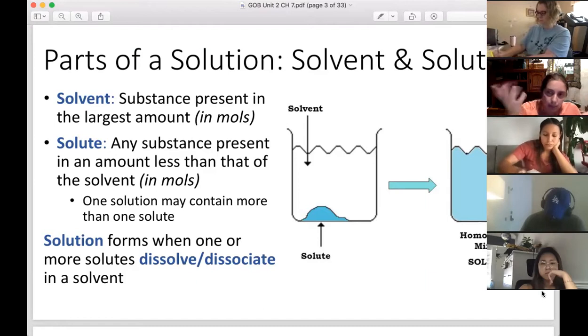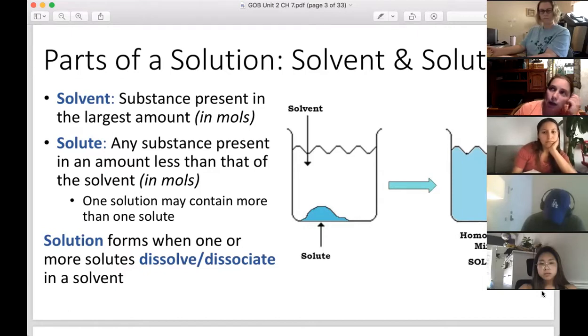Oftentimes, what you may be most comfortable with in terms of solvent and solute would be a solid being dissolved into a liquid. We also see gases in liquids. Obviously in nature, fish in a pond or in the ocean don't breathe air, but they still breathe oxygen.